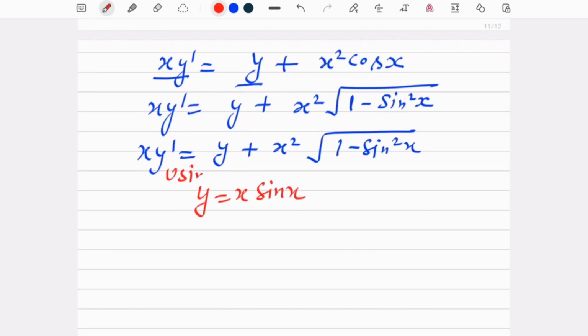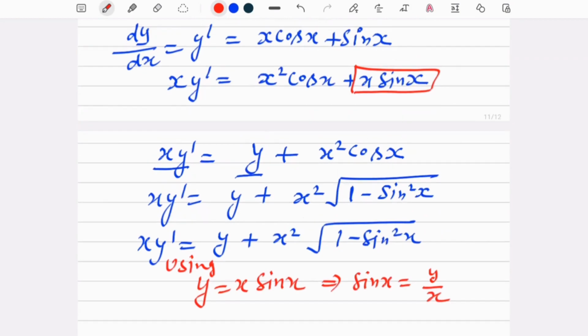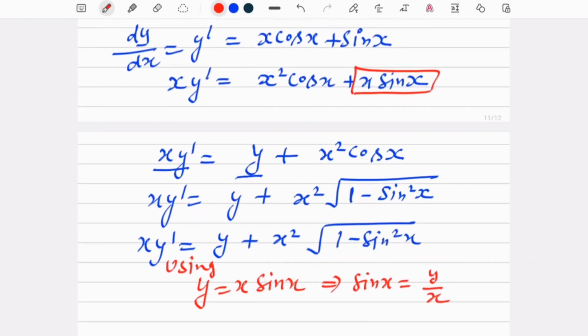Using y equals x sin x, I can calculate sin x, and sin x will be y by x. And now my problem is gone, because my target was to eliminate sin x and cos x. By substituting y, I have eliminated sin x. Now the remaining problem is cos x.